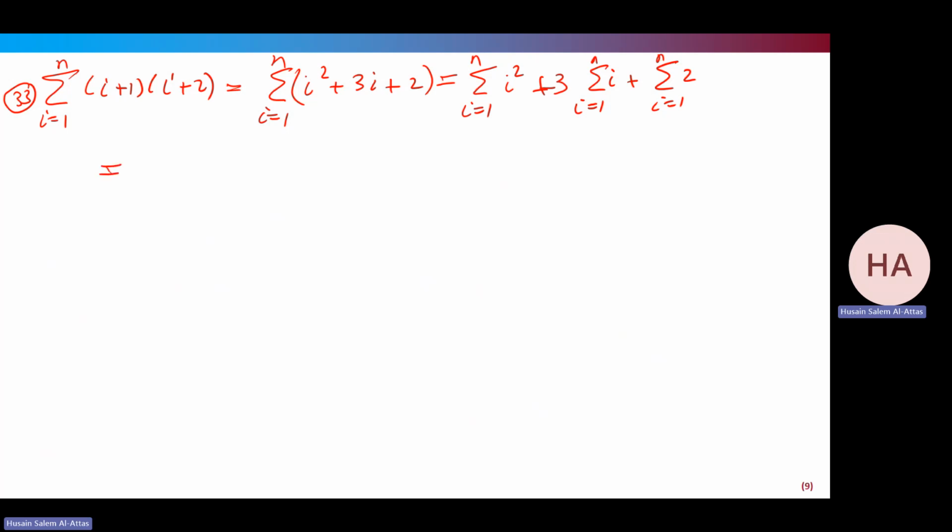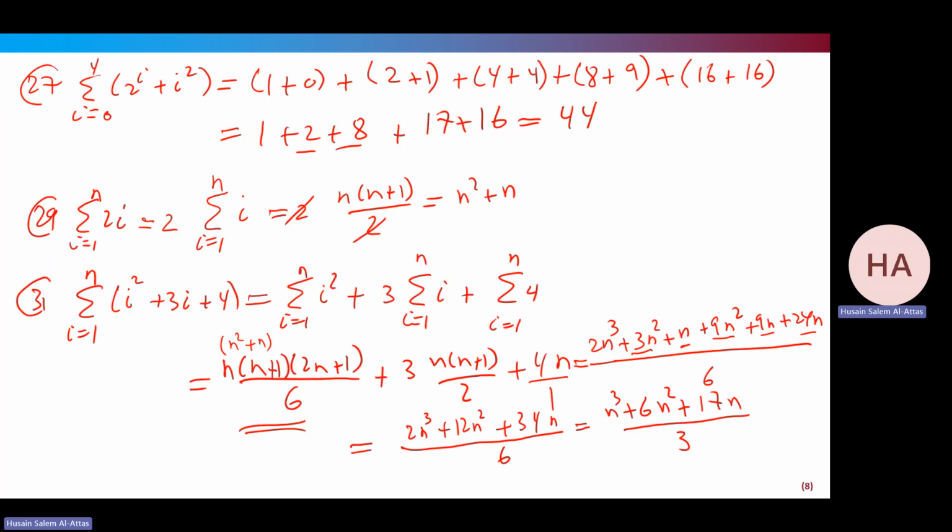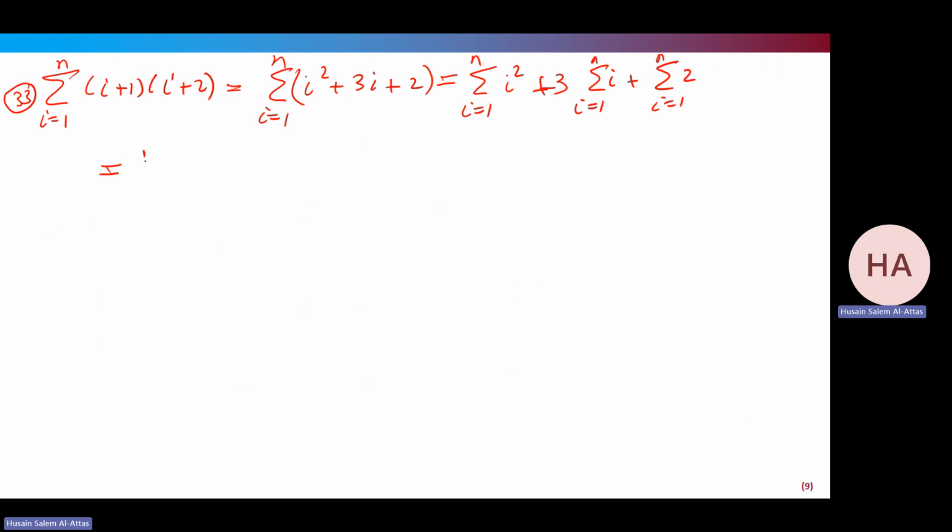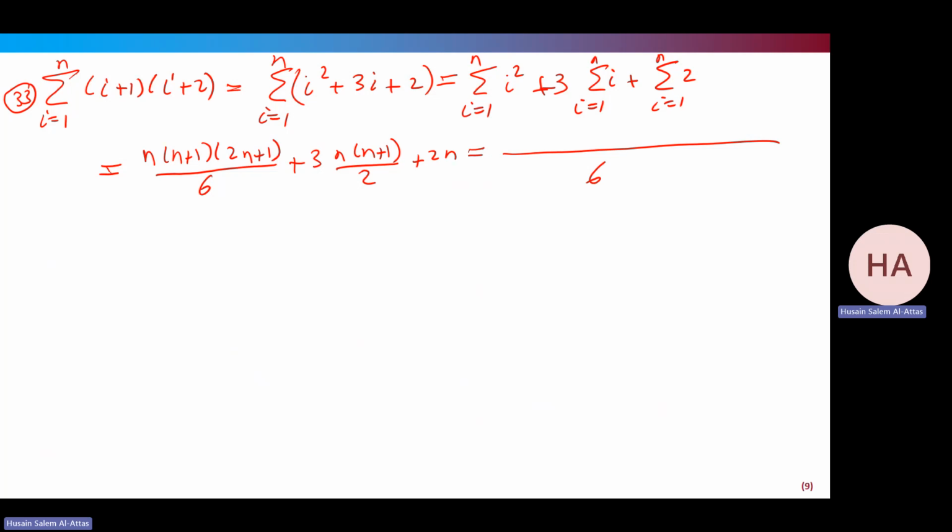It is almost the same as this one, but instead of 4, I have 2. So I have n plus 1 times 2n plus 1 over 6, this is 3 times n plus 1 over 2, and this will be plus 2n. So that gives me over 6.